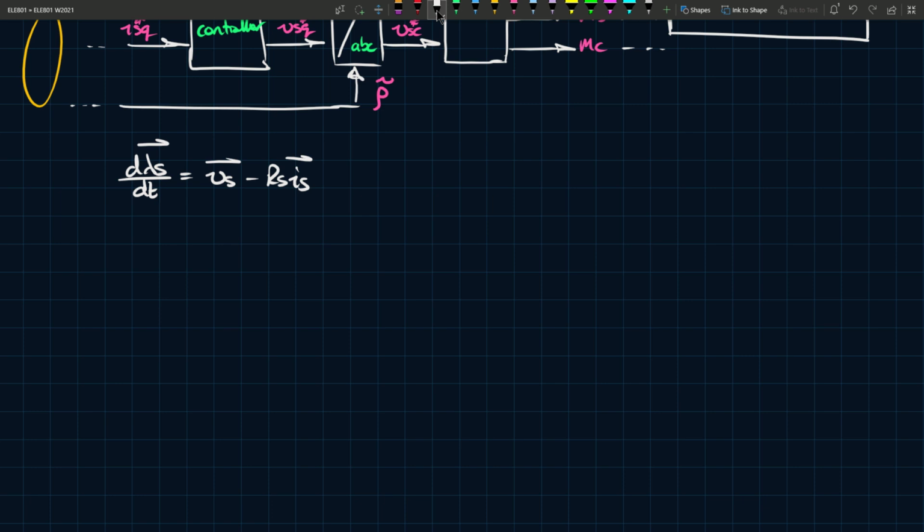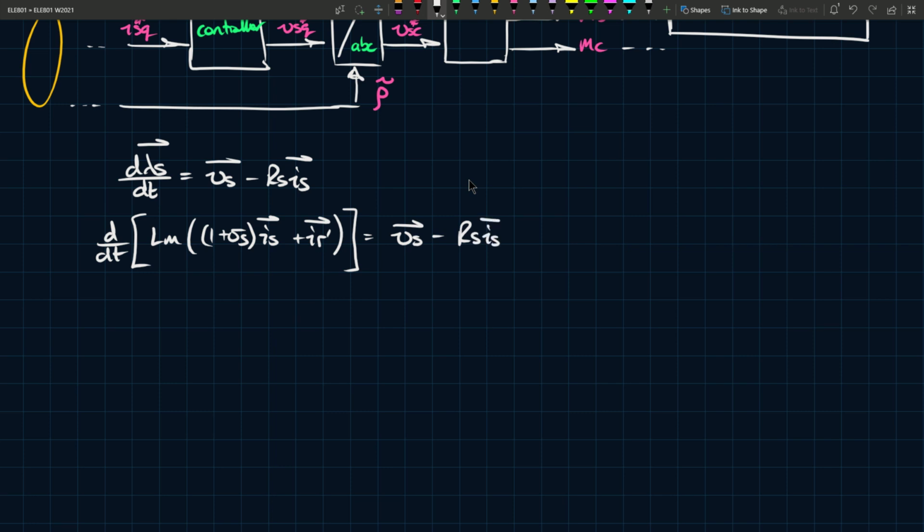Now we can rewrite lambda s as follows. We can say d over dt of Lm times (1 plus sigma s) Is plus IR prime, and this whole derivative applies to all of that, and this is equal to Vs minus Rs Is.